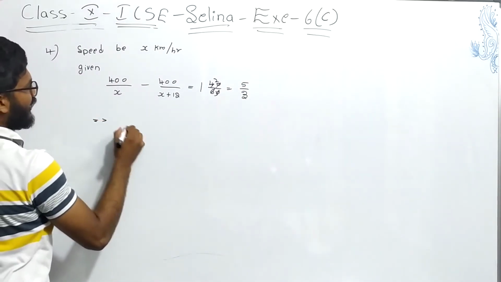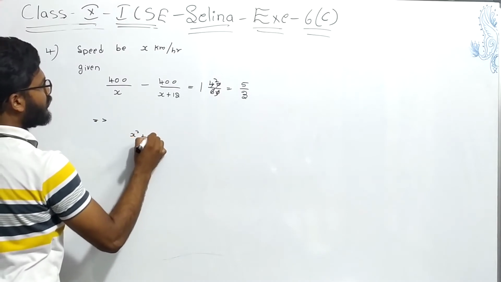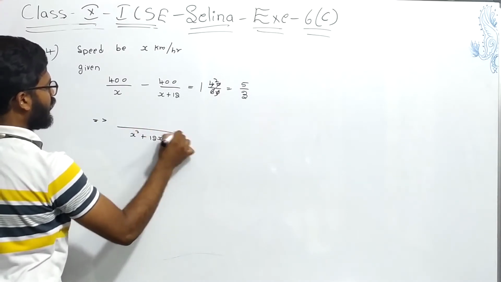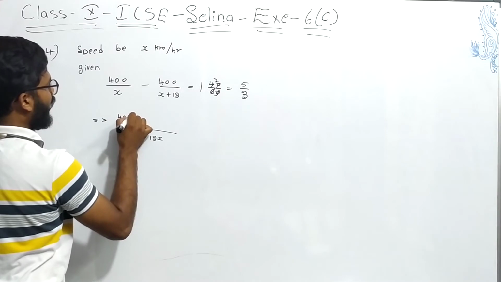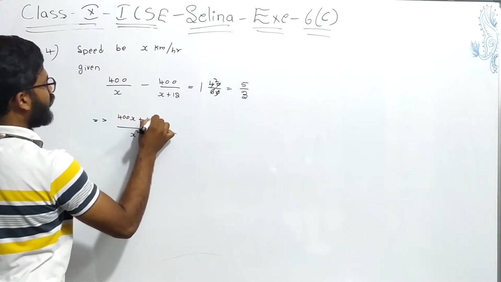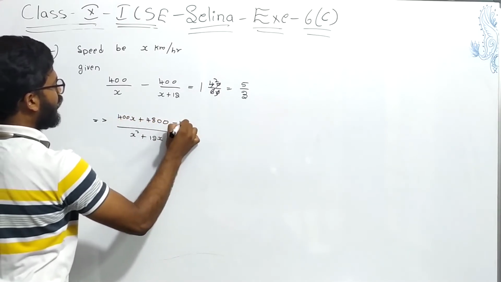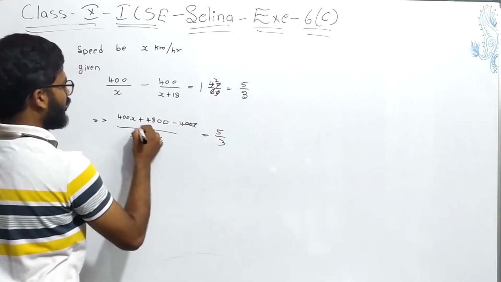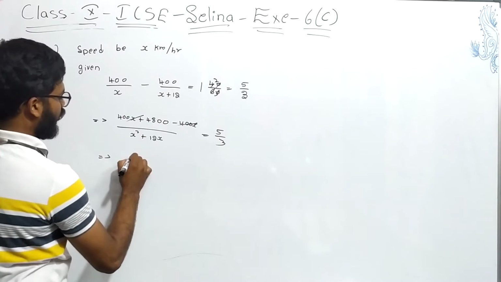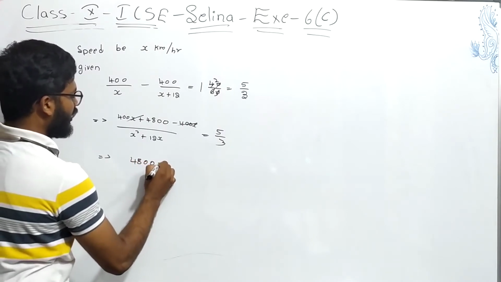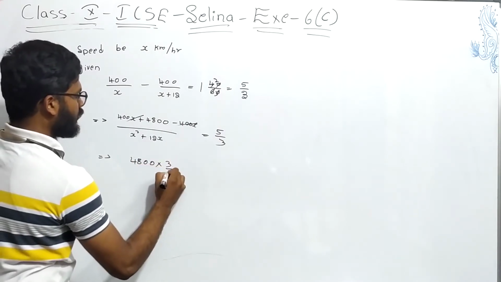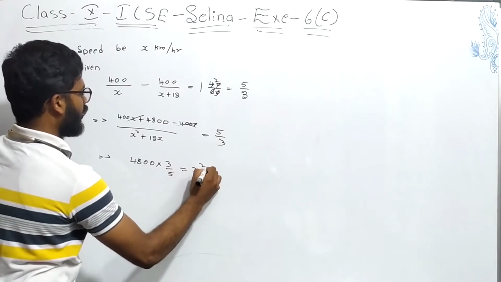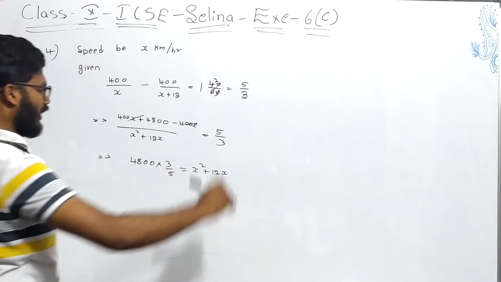So if I take LCM, 400 into x plus 12, 400 into 12 is 4800, minus 400x, over x square plus 12x, is equal to 5 by 3. So these two will get cancelled. So 4800 into 3 by 5 is equal to x square plus 12x.